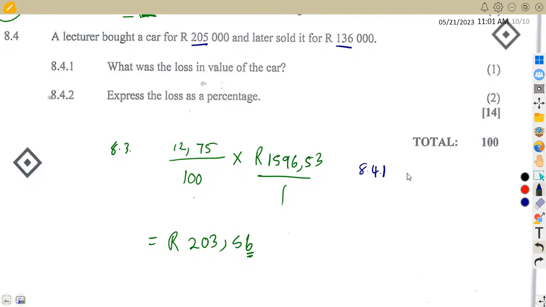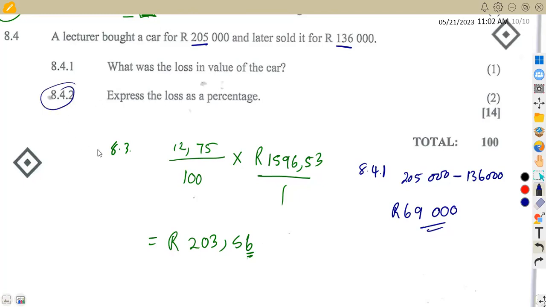Okay, so that is 205,000 minus 136,000, which is going to be 69,000 if we subtract properly. So we have got a loss of 69,000 rand. Okay, we are supposed to say the selling price minus the buying price. But if it is a loss, we are now saying the buying price minus the selling price, which is not even normal in our calculations.